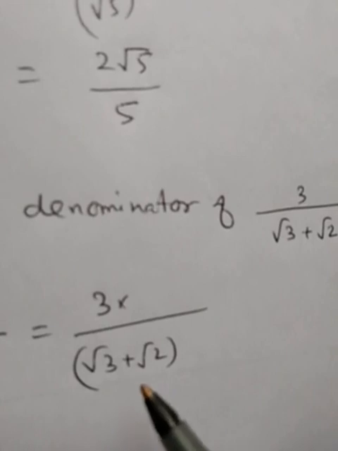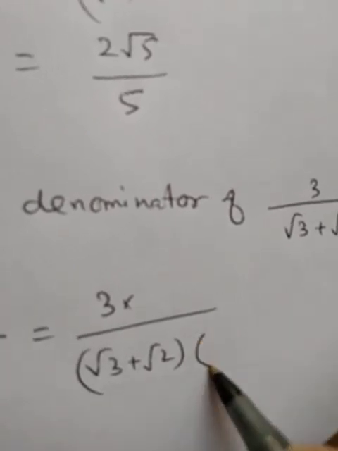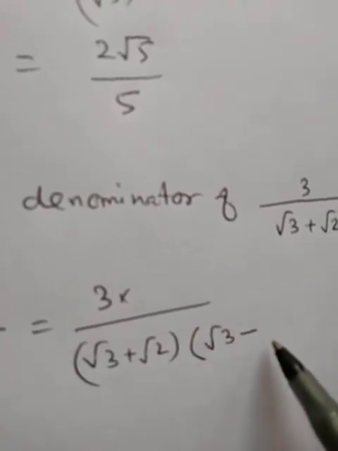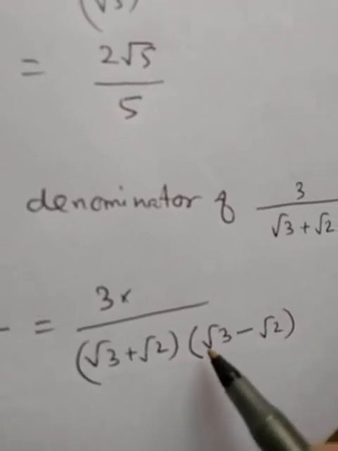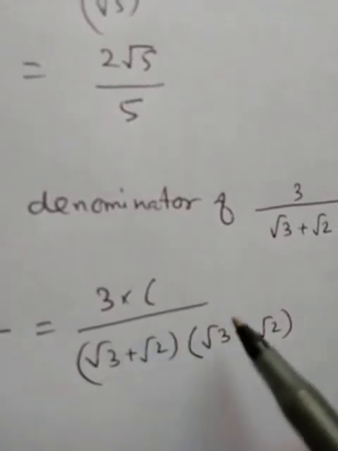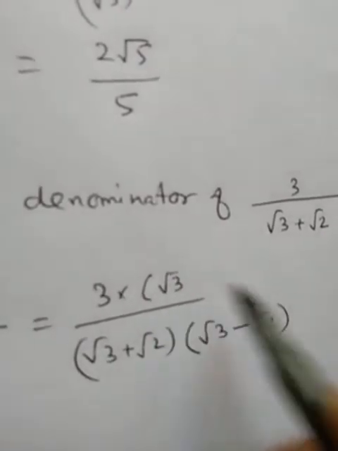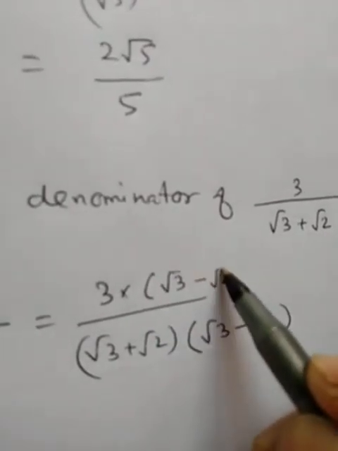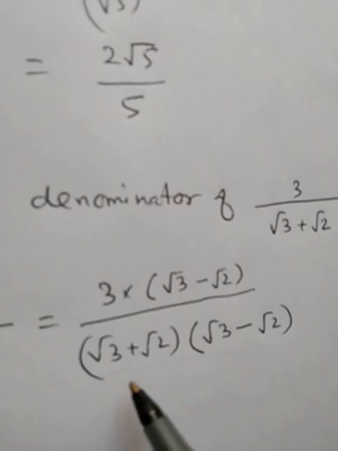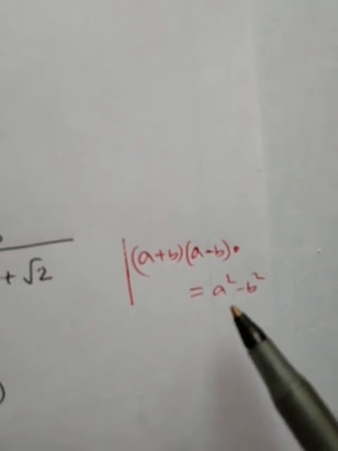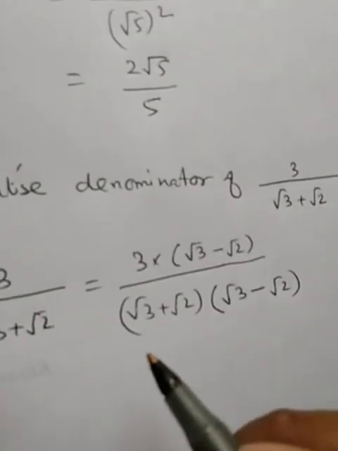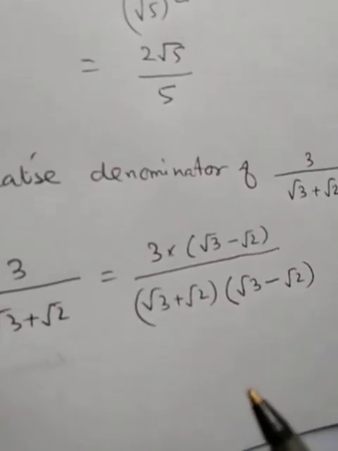With this we have to multiply root 3 minus root 2, and at the same time we have to multiply this with the numerator also, root 3 minus root 2. Now here we can use this identity a plus b into a minus b is a square minus b square, and we can write it here in place of this.